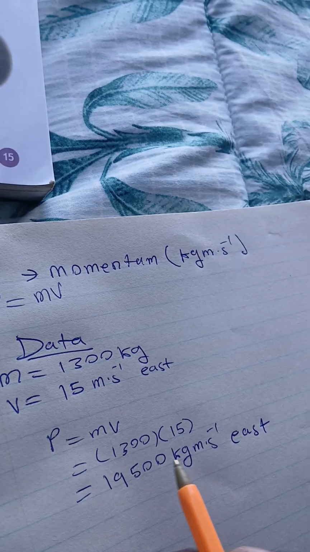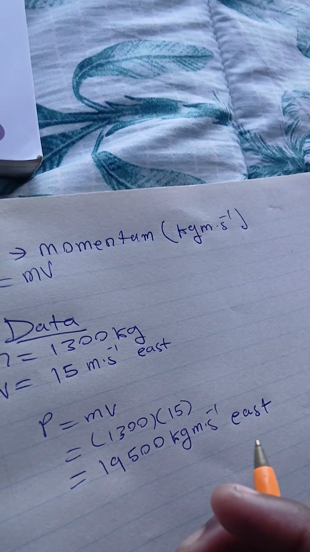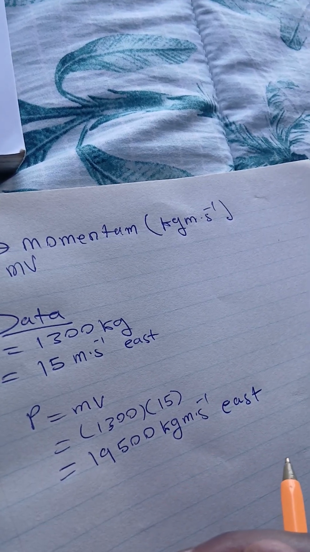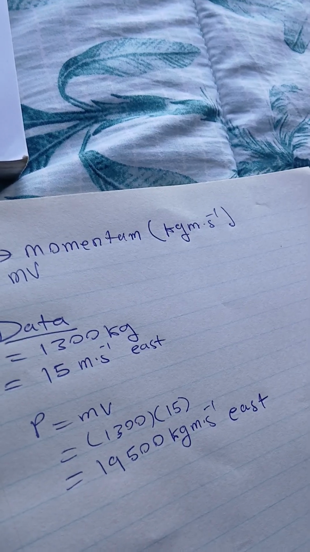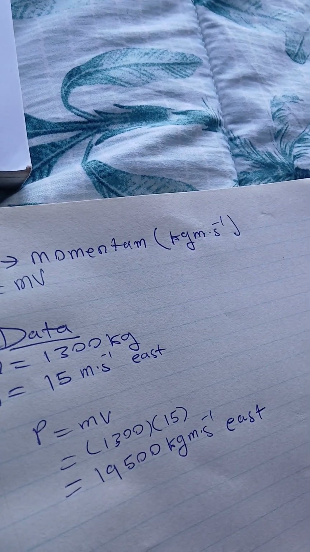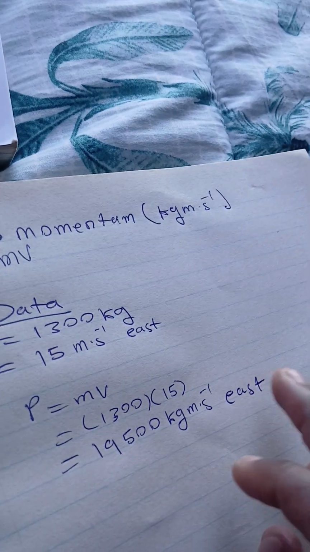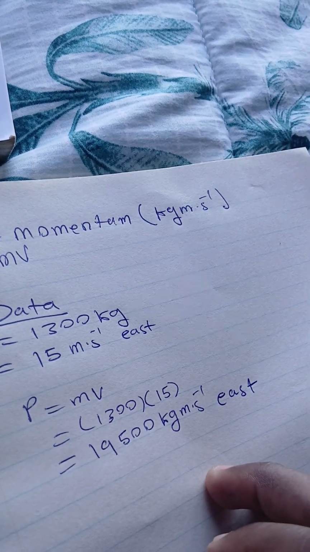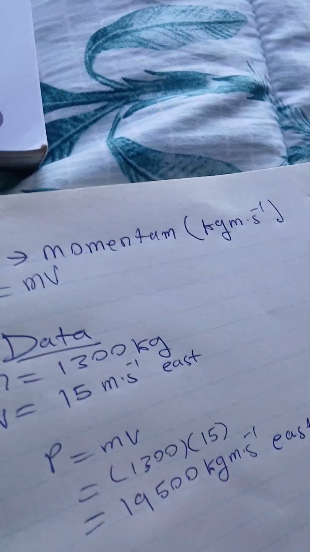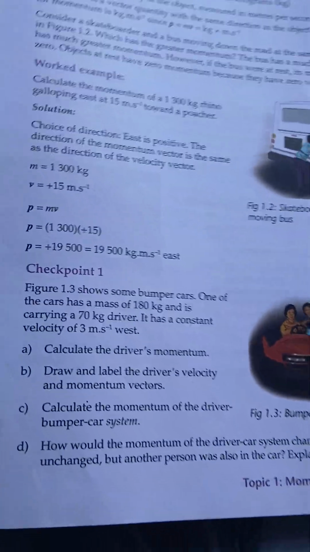Even if you decided to choose east to be positive and west to be negative, or east to be negative and west to be positive, you'll get the same answer. You'll still find that the direction is east. Let us check the solution here.